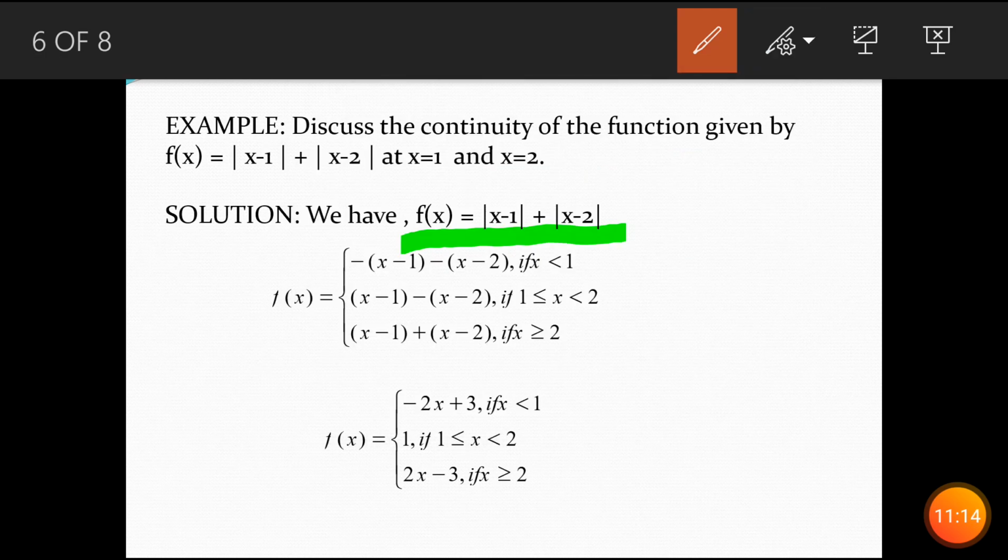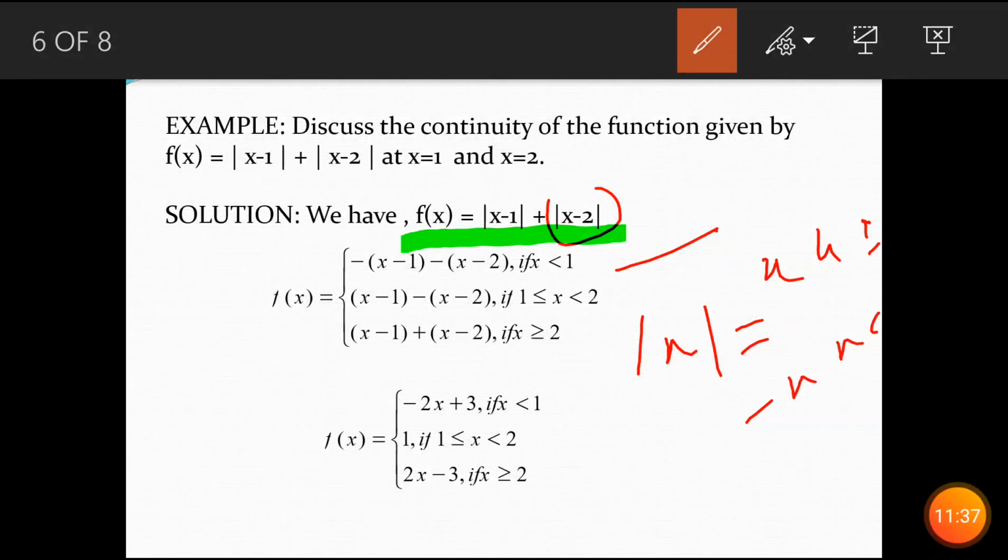Mod x minus 1 plus mod x minus 2, just break it. If x is less than 1, then obviously mod of x minus 1 will be negative of x minus 1 and mod of x minus 2 will be negative of x minus 2 according to the definition of mod. You know very well, mod x is x for x greater than equal to 0 and minus x for x less than 0.